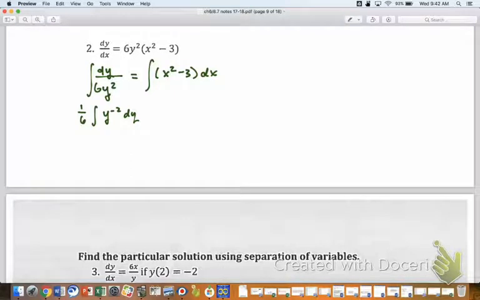I haven't done anything yet as far as antiderivatives go, but I've done a little bit of preliminary work. Now I'll do an antiderivative. So on the left side, it would be negative 1/6 y to the negative 1 equals 1/3 x cubed minus 3x plus c. So what do you think about that?